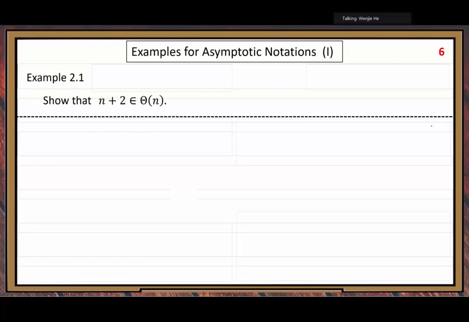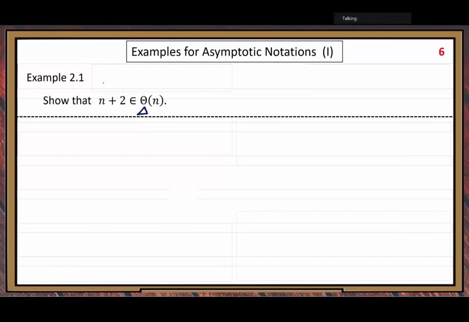For big theta, the first way is the limit way, which we can use for big theta notation. Another one is the upper bound, lower bound. Let's look at the limit way first.